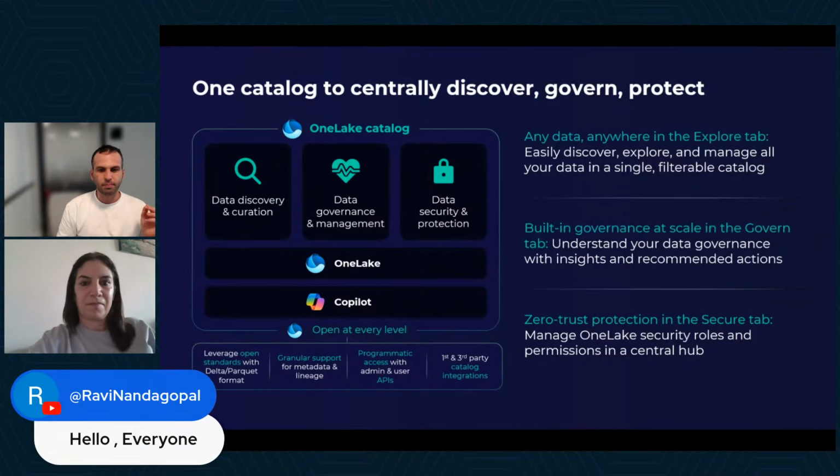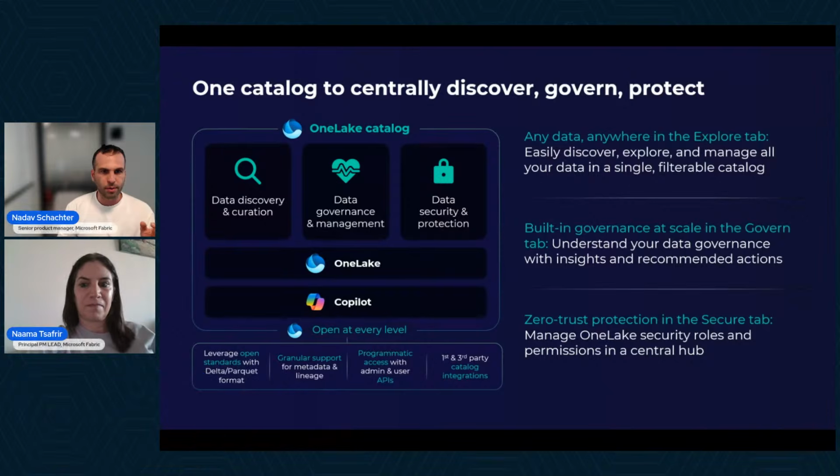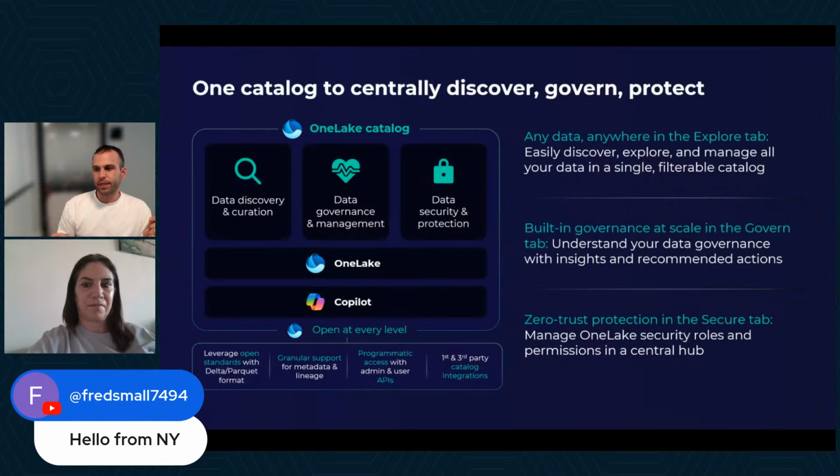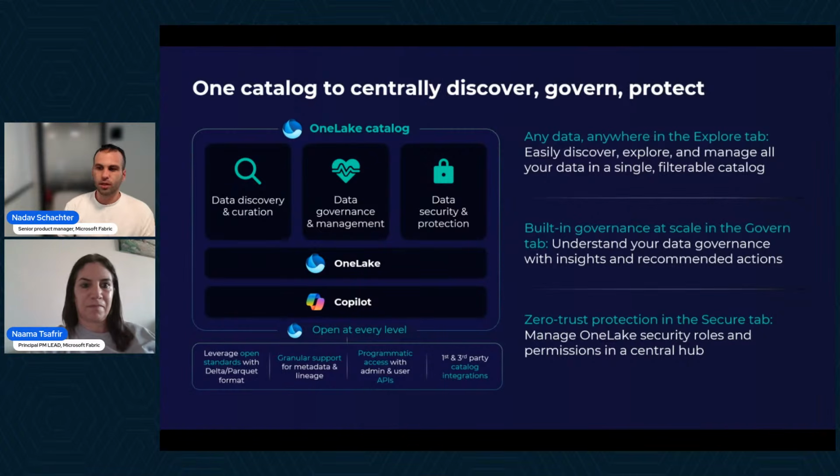As we'll see today, you'll see things from the bird's eye view and govern your data estate from the administrative persona, but also from the ground up, being able to find every individual table, column, and any other item type within Fabric, whether data or elsewhere, all in one place.